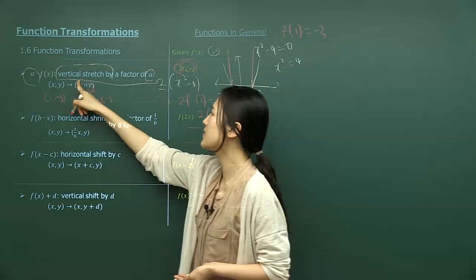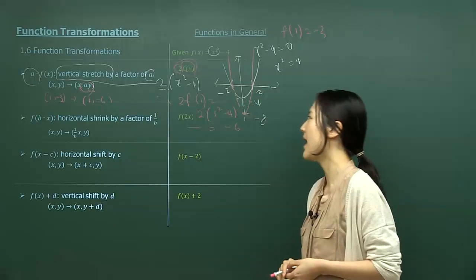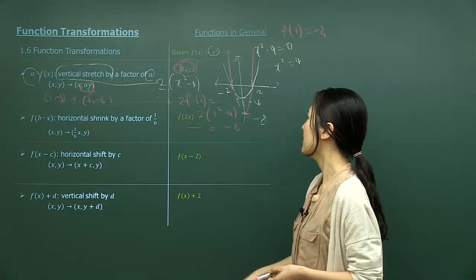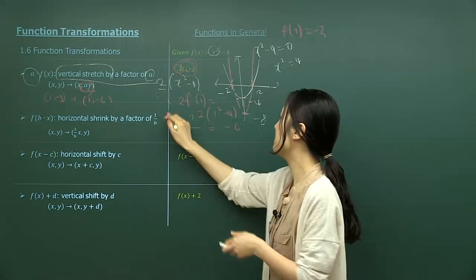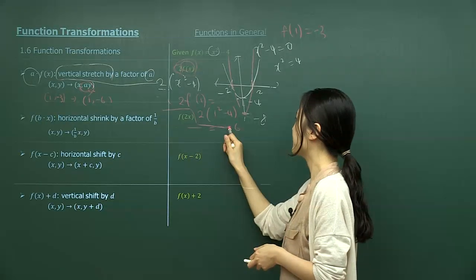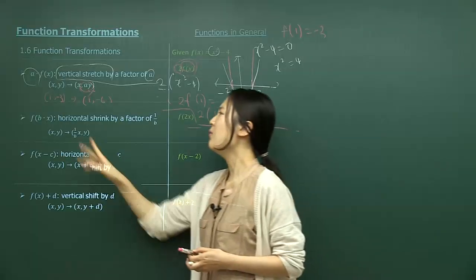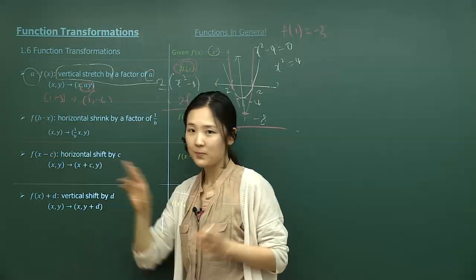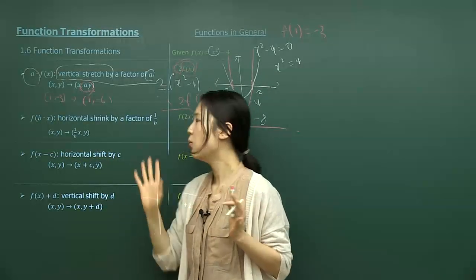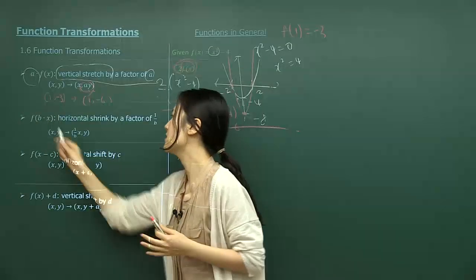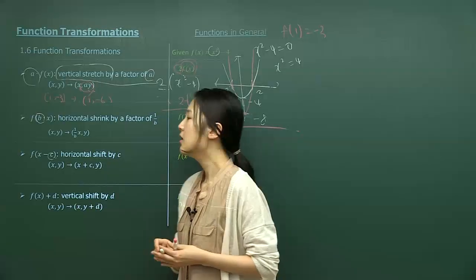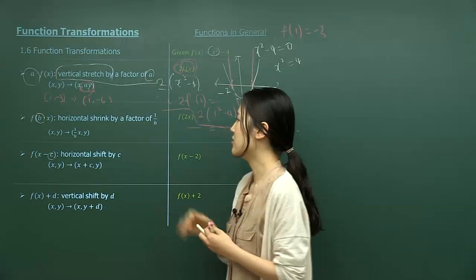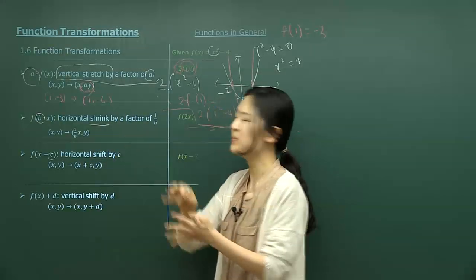So a causes a vertical stretch by a factor of a. Now, let's consider having x multiplied by 2. When something happens inside the parenthesis, whether it's being multiplied or being subtracted, you can actually imagine the stretch happening the opposite way.